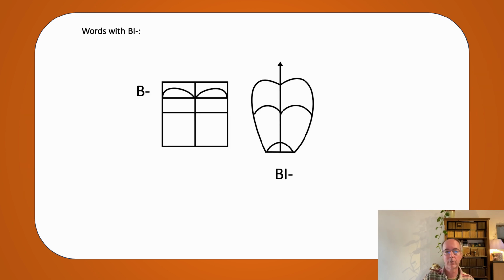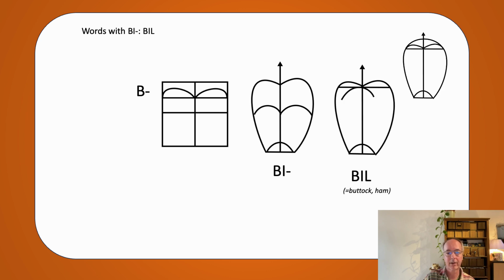But I was going to the B words. The first word I have is BIL. It's the Dutch word. BIL means buttock. It's a ham. It actually comes down to the upper leg. So the B is again giving it a really thicker, better, more juicy form.